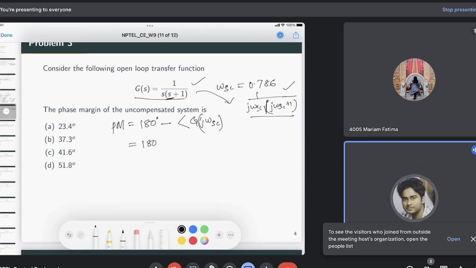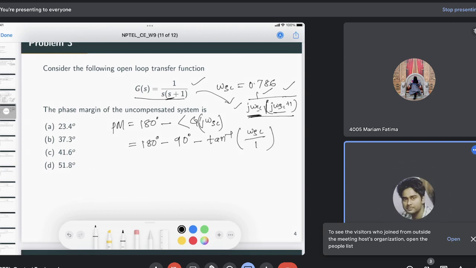So this is 180 degrees minus. In the numerator there is no term, so this contribution is 0 because there is no zero, and we have two poles. The first pole, because of the only imaginary part, its contribution is minus 90 degrees, or you can just compute tan inverse of imaginary by real. The real part is 0, so tan inverse of infinity is 90 degrees, and the minus sign is coming because we are taking it in the denominator, that is the pole. Then minus tan inverse of the imaginary part by the real part.